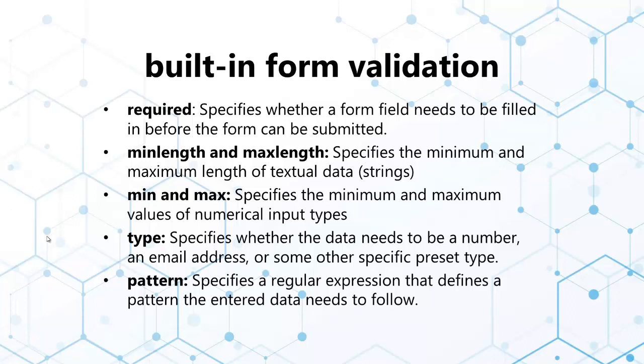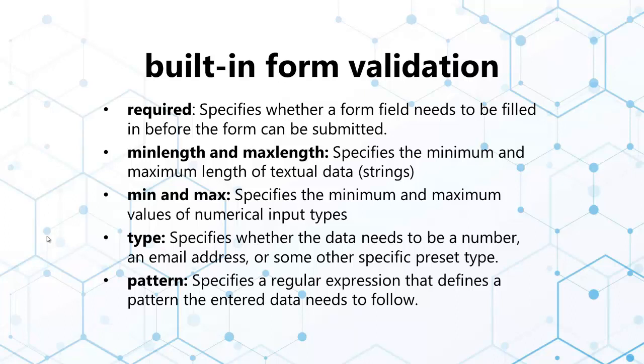The type could be email, for example, and if we set the attribute type email, this built-in form validation is going to check if the format of the string is an email. So this does the work for us.